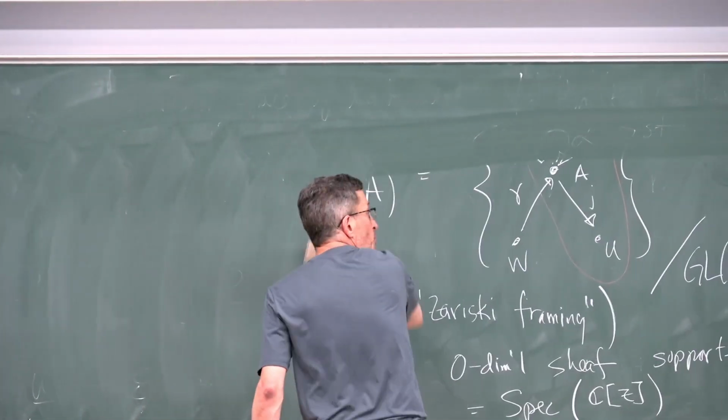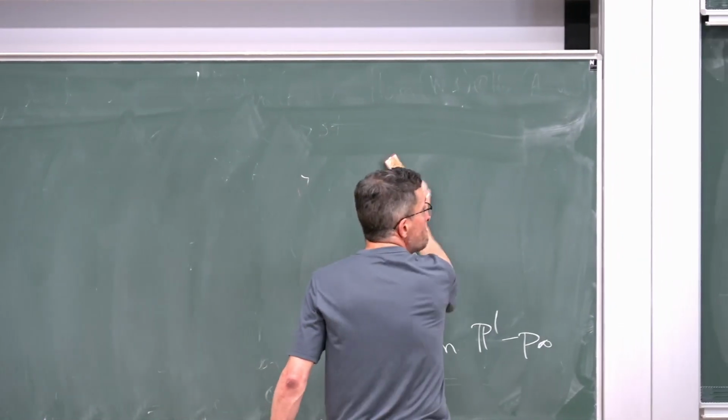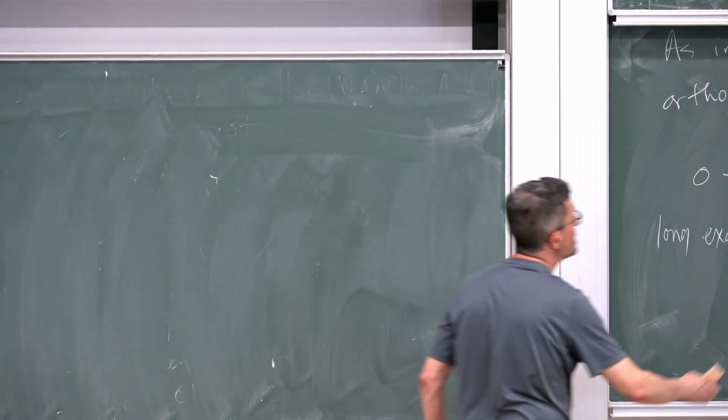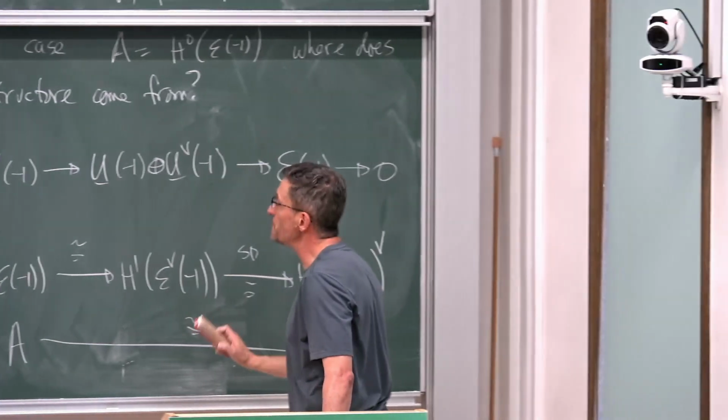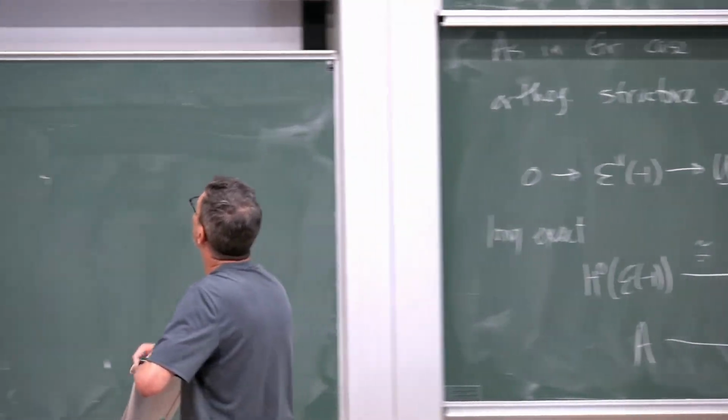Okay, so how do I see this orthogonal form, or what's a better way to think about this isomorphism that also will tell me about this compatibility up here.